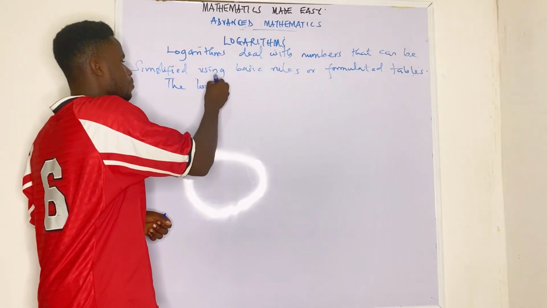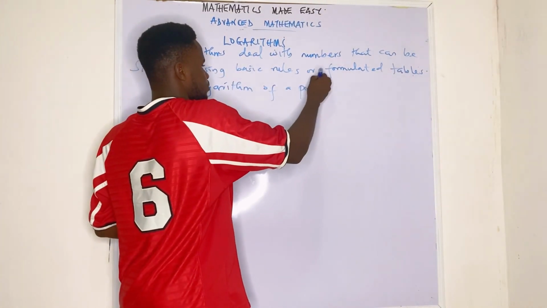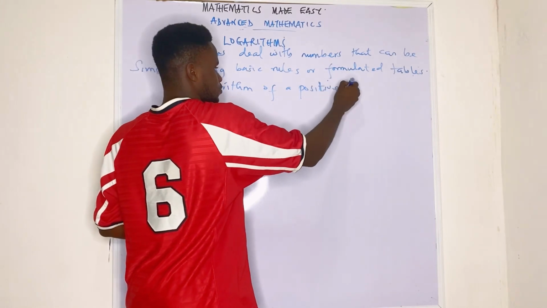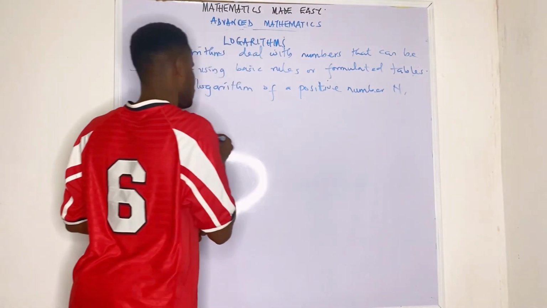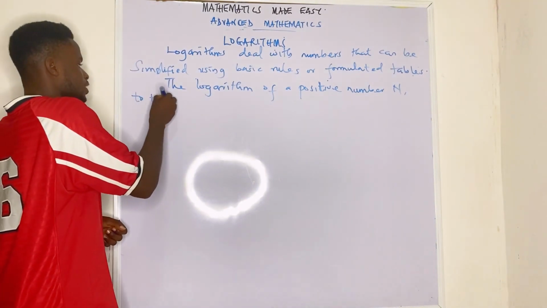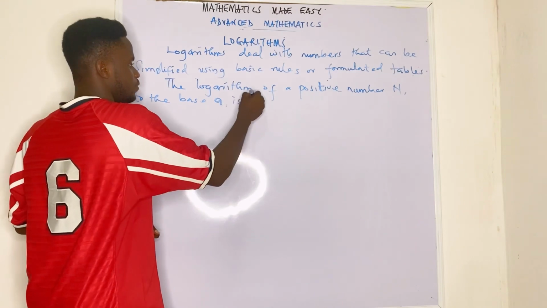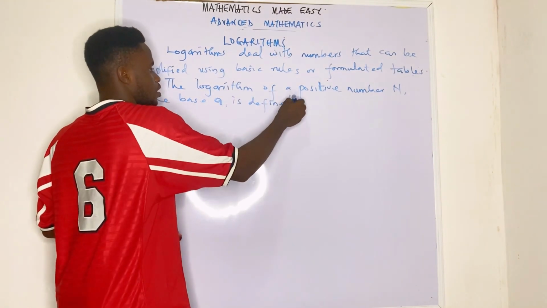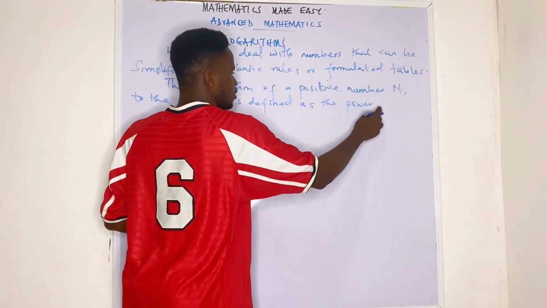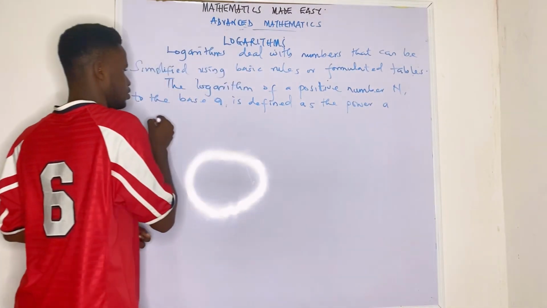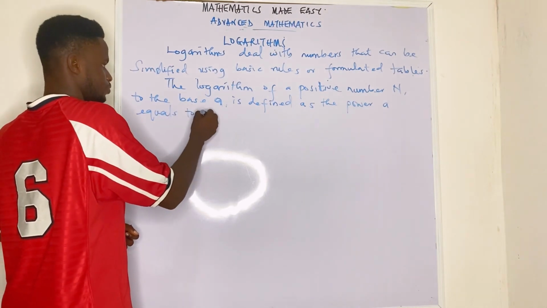The logarithm of a positive number, let's say n, to the base a is defined as the power of a equals to n.